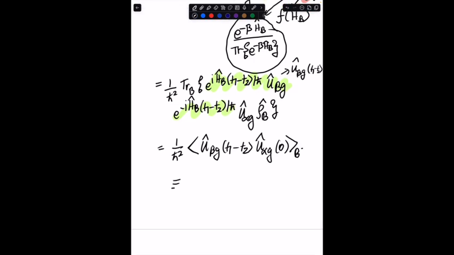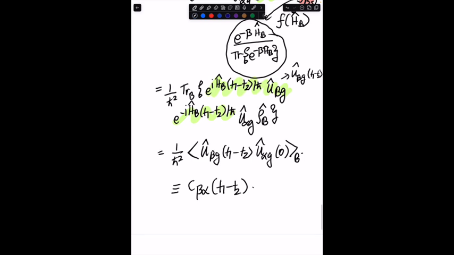So this is equivalent to C beta alpha (T1 minus T2). People don't write this, so you can just write it as T1 minus T2. So it is merely a function of the difference in time T1 minus T2. And that's quite obvious from here that it only depends on the time difference between essentially T1 and T2. So that's the proof.